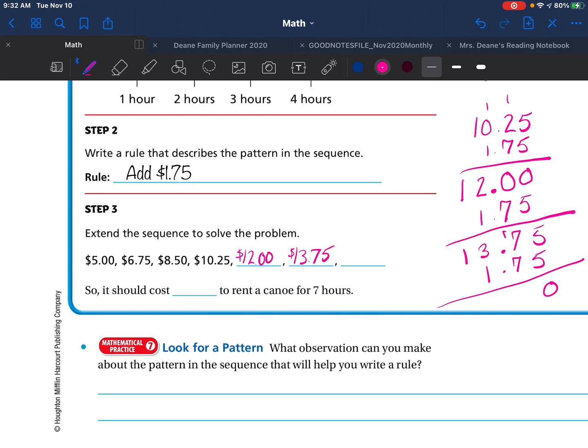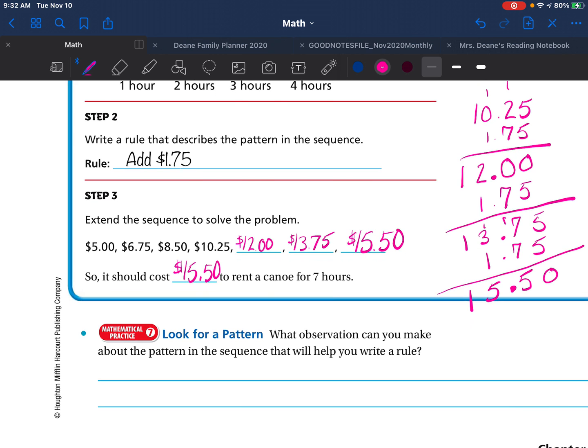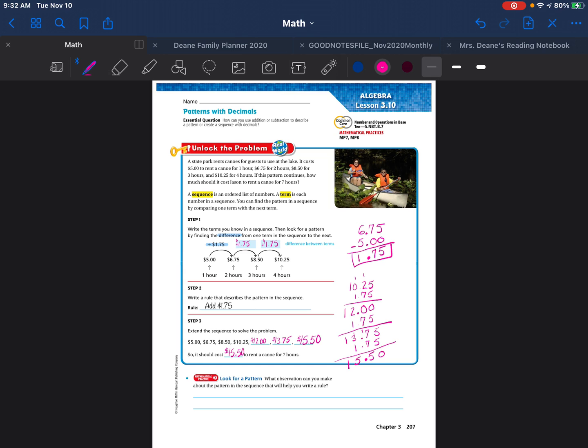So 5 and 5 is 10, carry the 1. 7 and 7 is 14, plus 1 is 15. 3 plus 1 is 4, 4 plus 1 is 5, and the 1 comes down. So if we wanted to rent a canoe for 7 hours, it would cost $15.50. Okay?